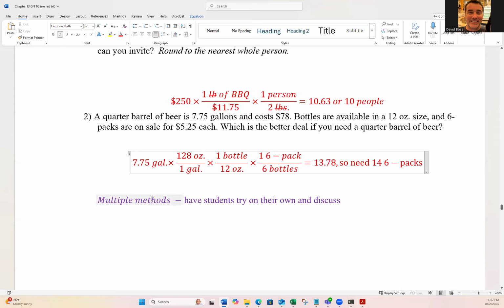So we start out with our 7.75 gallon barrel. We multiply by 128 ounces per gallon, making gallons cancel out. Then we need to convert ounces to bottles. So we have one bottle for 12 ounces, so the ounces cancel out.